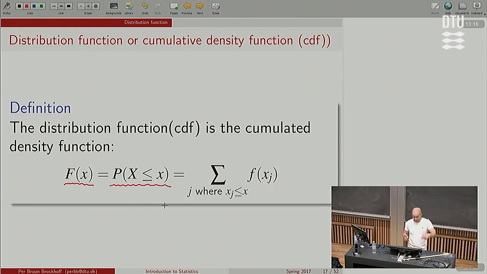Sometimes the cumulative density function, if you want. There's maybe a bit of confusion about the naming and abbreviation there. And here's the mathematical way to put it. Actually, the principle you might already have used in my last question from before, where I asked what's the probability of being less than 3.